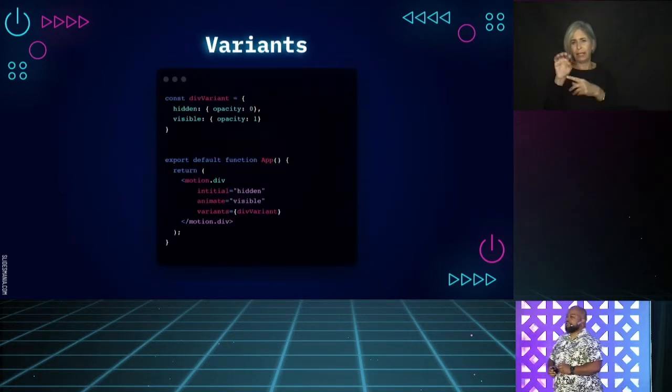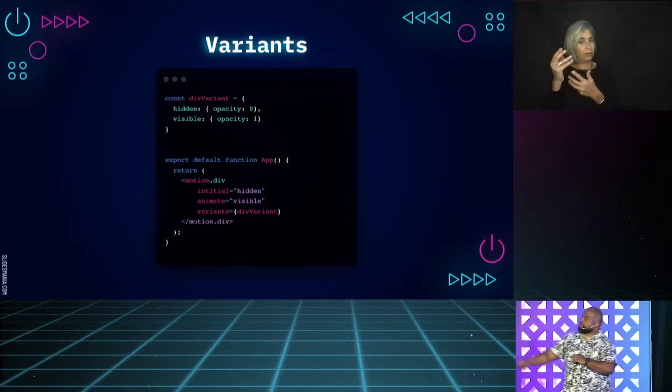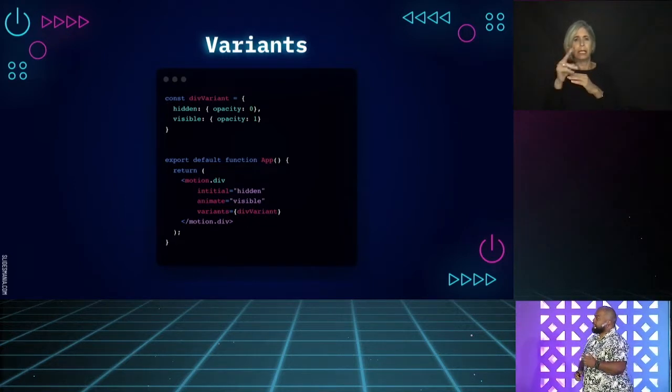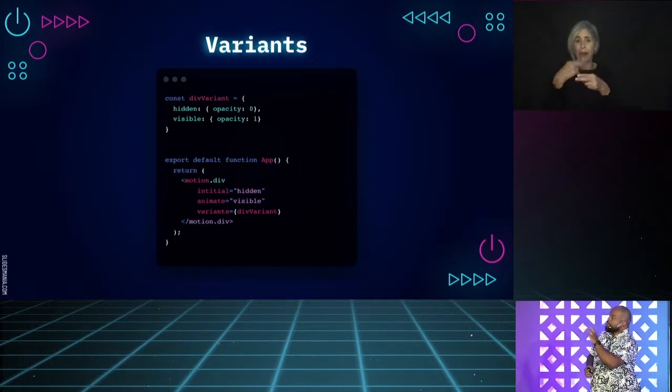Variants are objects that you can use to create animations. If you look at the top, you can see the div variant. I can name the property hidden, and the opacity of that is 0. The visible property is 1, or the opacity of that is 1. So whenever I name something hidden, it'll animate to that property, and visible the same way.